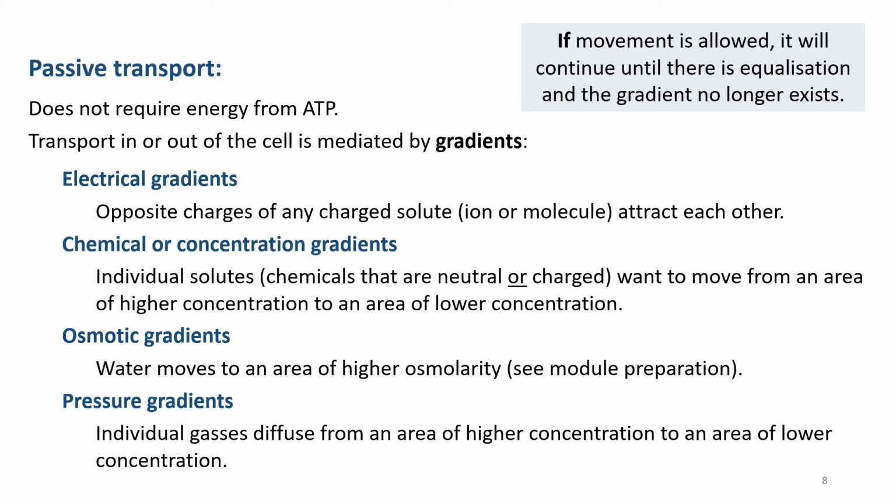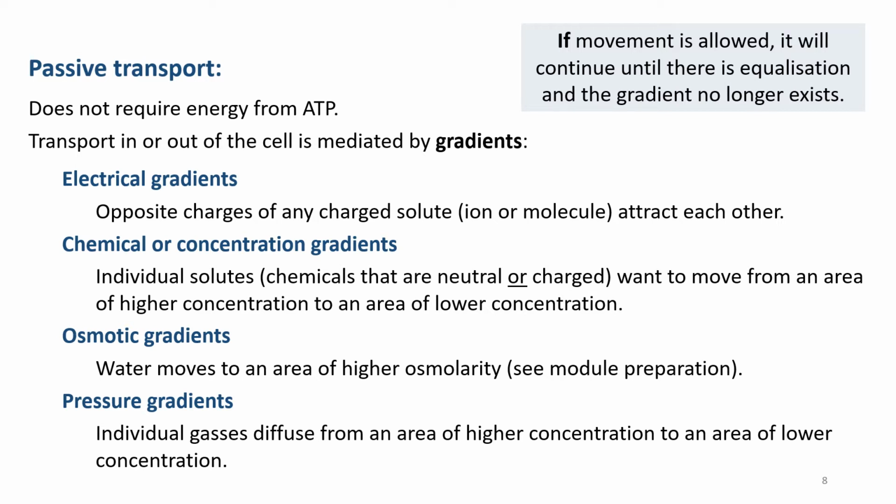All of this is if movement is allowed, because we're going to talk about permeability in a minute. If the movement is allowed, it will continue with every gradient until there is equalization. At the point where there's equalization, of course, you no longer have a gradient.